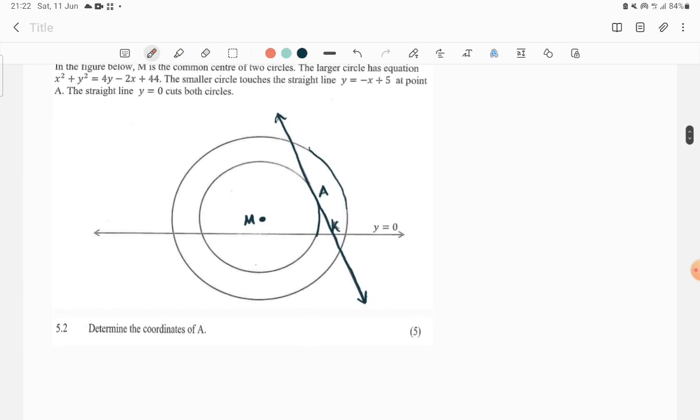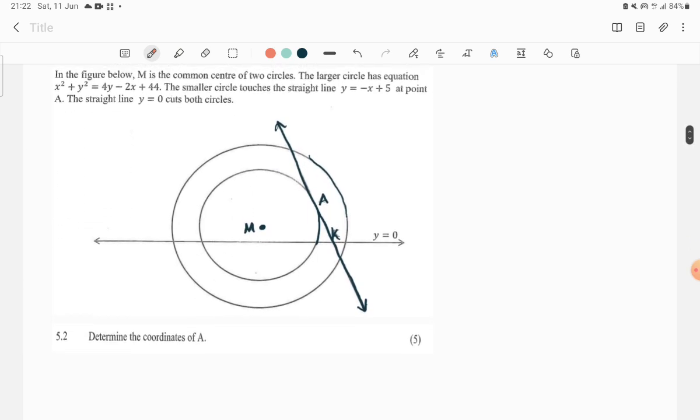The next question says, determine the coordinates of A. Remember, the coordinates of M is (-1, 2). Now they ask us to determine the coordinates of A, which is this point. Now, what do we know?